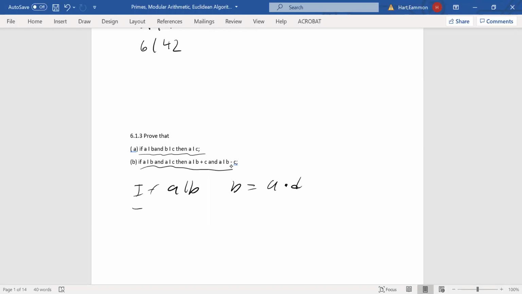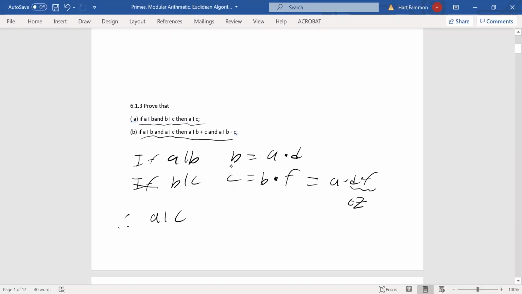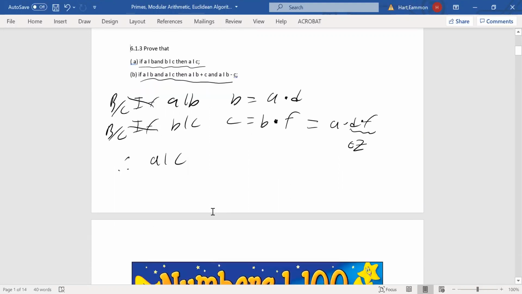And if b divides c, then c is equal to b times, let's call it f, which by substitution gives us a times d times f. Therefore, c is equal to a times an integer. Therefore, a divides c.